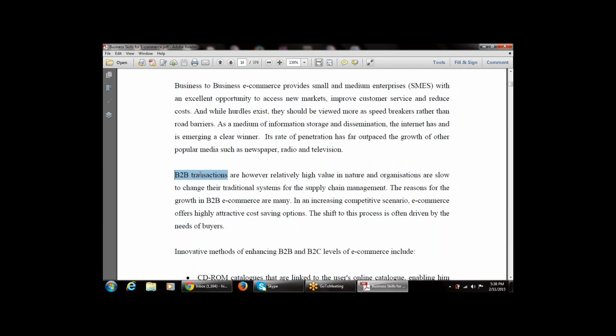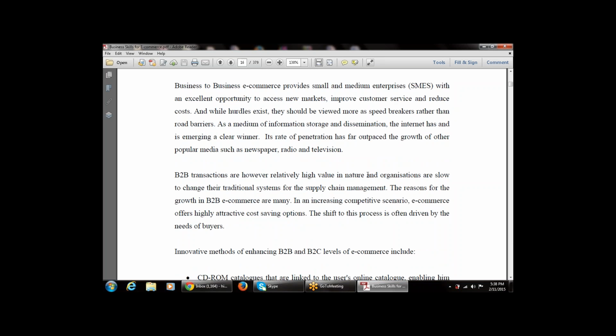Then the next line says B2B transactions are however relatively high value in nature. That is, whenever we are doing a B2B transaction, there is a huge transaction value available for the B2B business, and organizations are slow to change their traditional system for supply chain management.